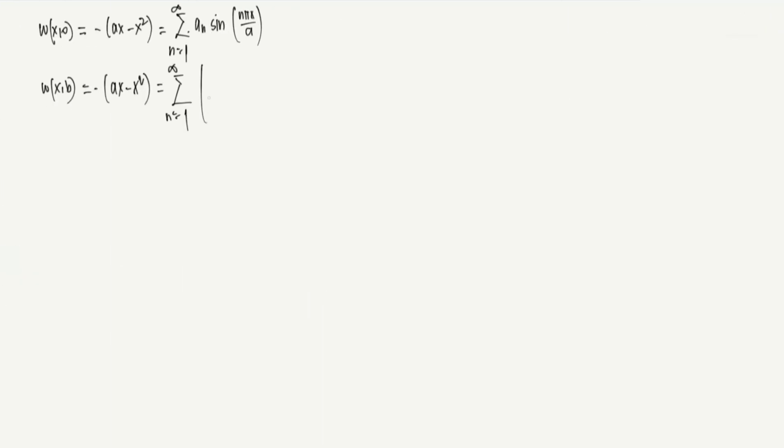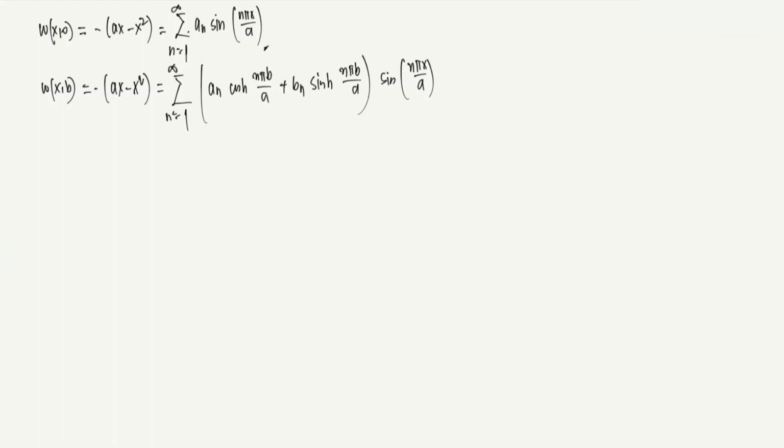So that becomes an cosh(n pi b by a) plus bn sinh(n pi b by a), and then sin(n pi x by a). Clear? Now, this is in the Fourier series part, right?